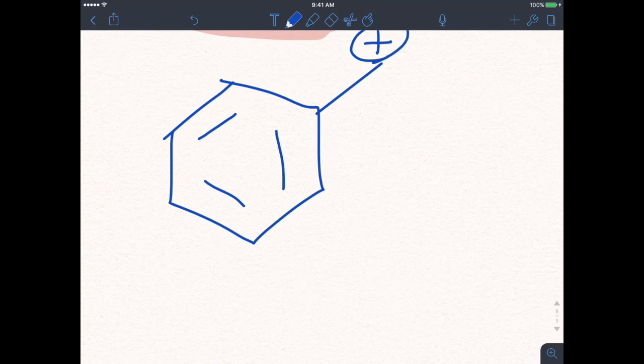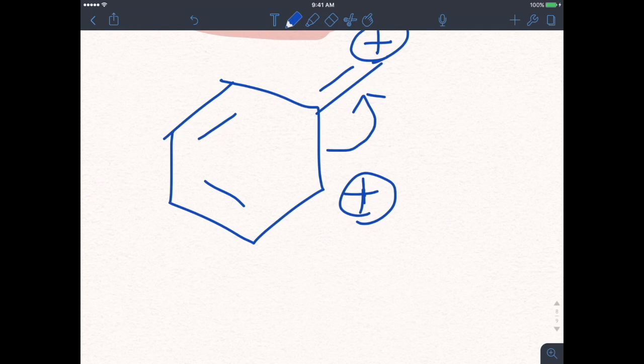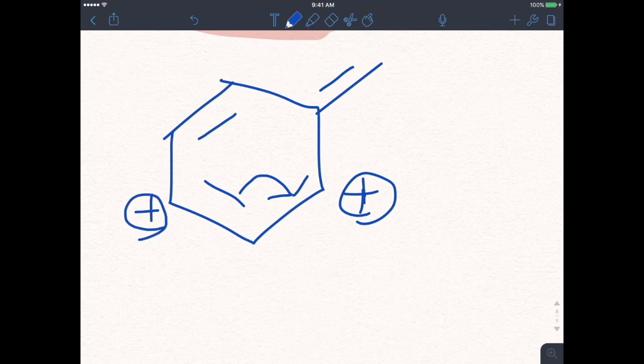What it looks like is this double bond here ends up moving to that position to move that carbocation, so you can actually have a group here with a positive charge. And then once it's there, if I drew that out for you, you have the positive charge there. And then you can make another structure by moving this one. So now the positive charge goes where the bond used to be.